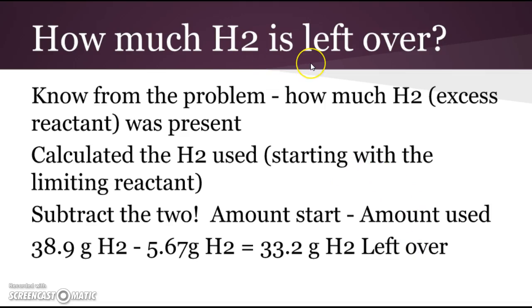So how much hydrogen is left over? Well, I know how much I started with, and I know how much I used, so all I'm going to have to do is subtract the 2. So I started with 38.9 grams of hydrogen, but I just calculated that I only need 5.67 grams of hydrogen, so I have 33.2 grams of hydrogen left over.